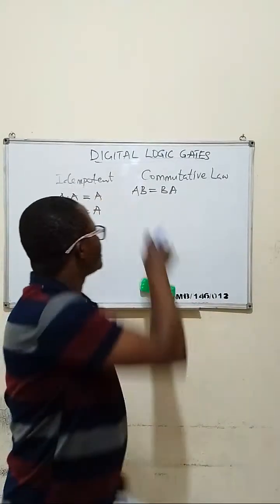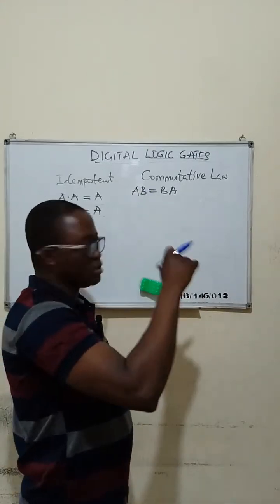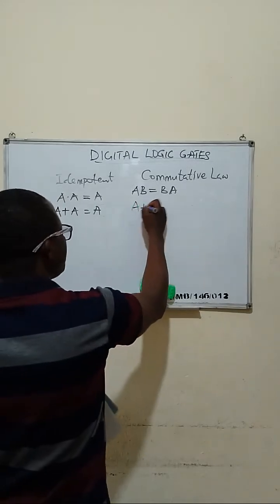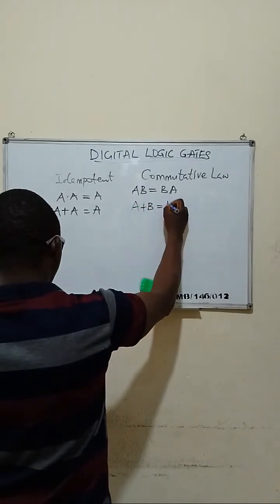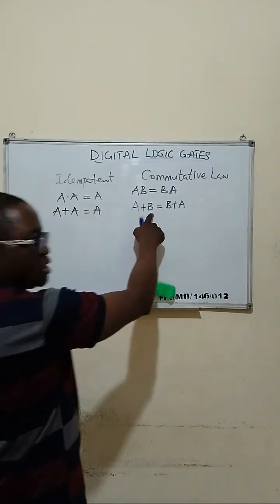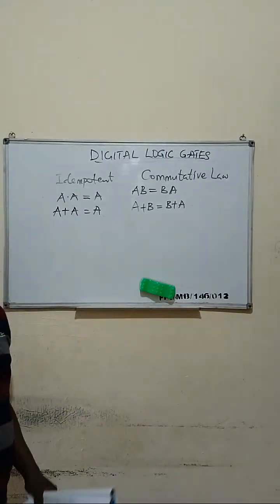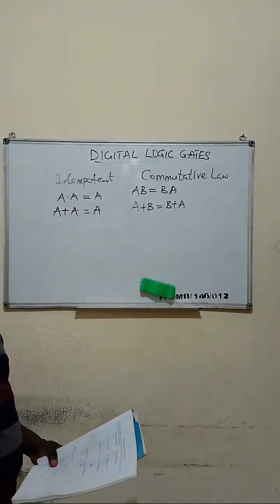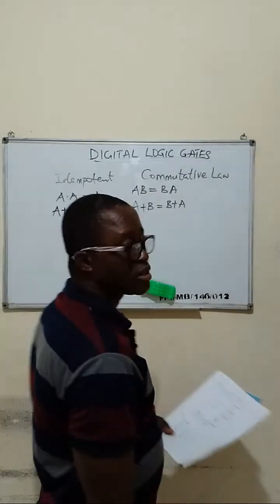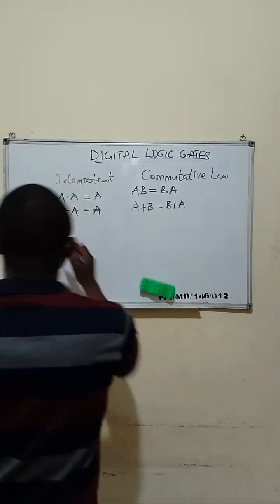Also, A plus B gives us B plus A. That is to say, A OR B is the same thing as B OR A in logic conditions. You will understand this better when we begin to simplify combination logic circuits. We also have the associative laws.